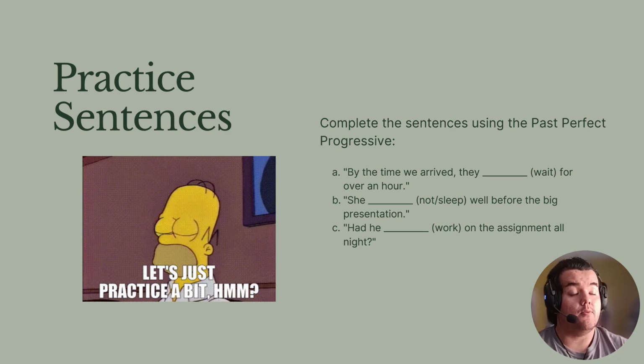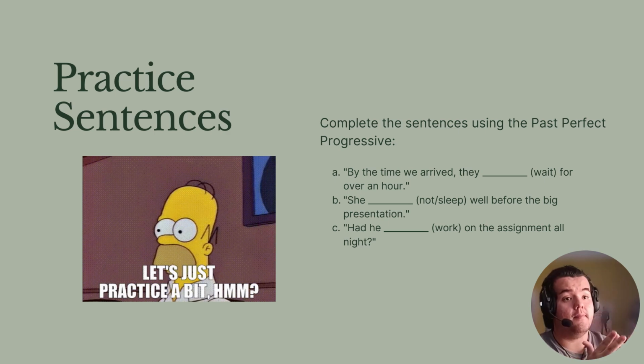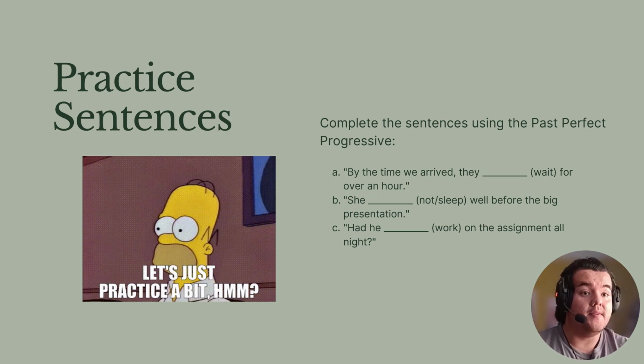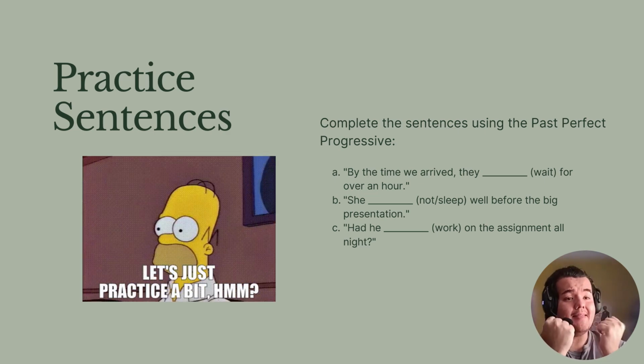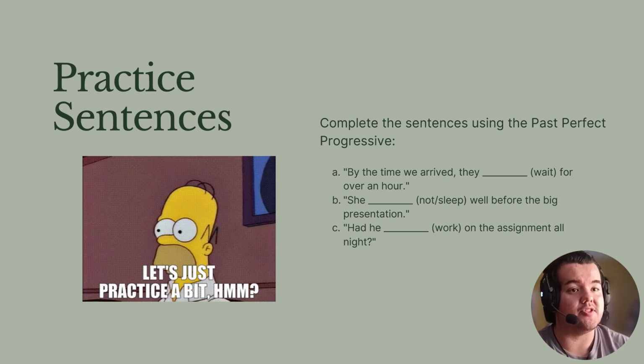In this case, we're going to continue with the negative practice. She, space, we got not and sleep. She, space, well before the big presentation. So let's complete it all together. She had not been sleeping well before the big presentation.